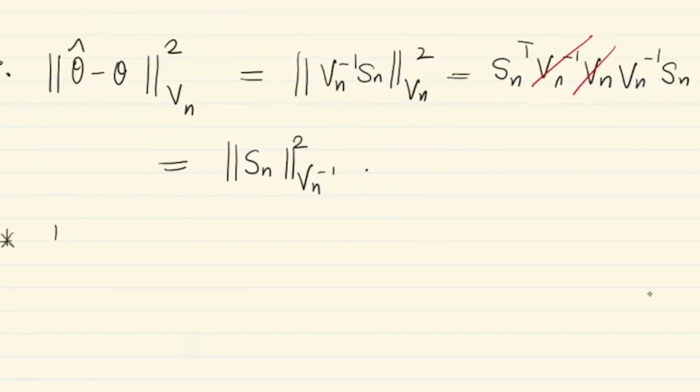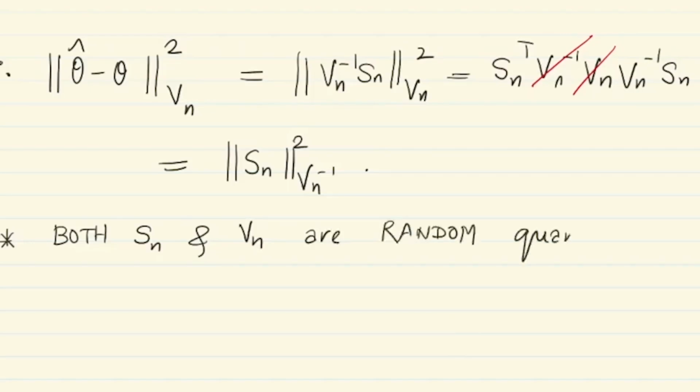One thing worth noticing is that both Sn and Vn in the adaptive design setting are random quantities: the former a random vector and the latter a random matrix. But we notice that there is a kind of self normalization.